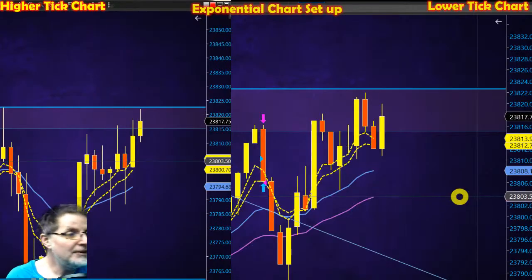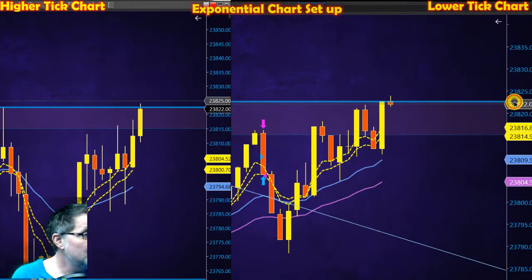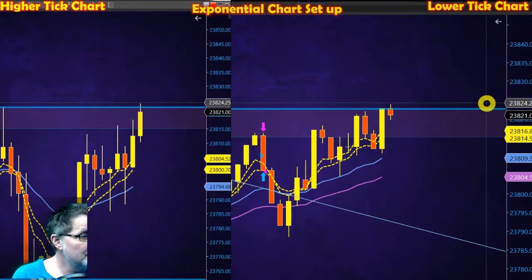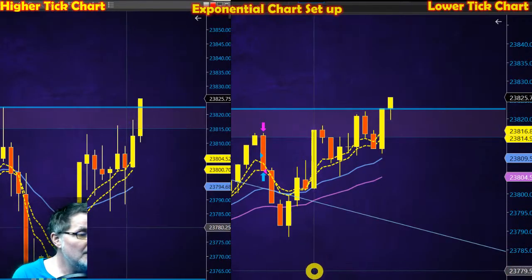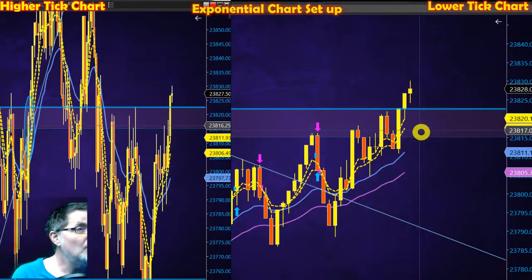I don't like that pintail on this. Poked over the top. Good. That's good. Poke over the top. There's a long ways to go back up.